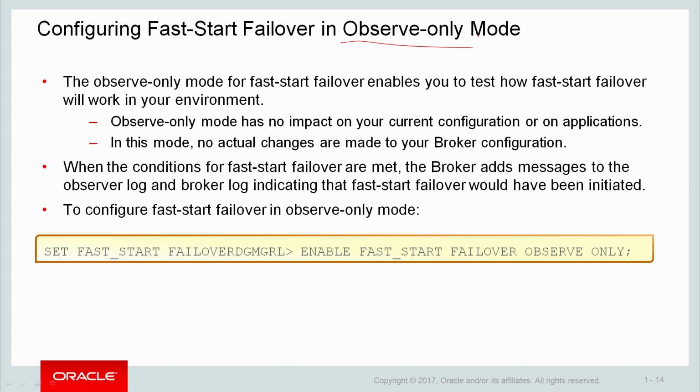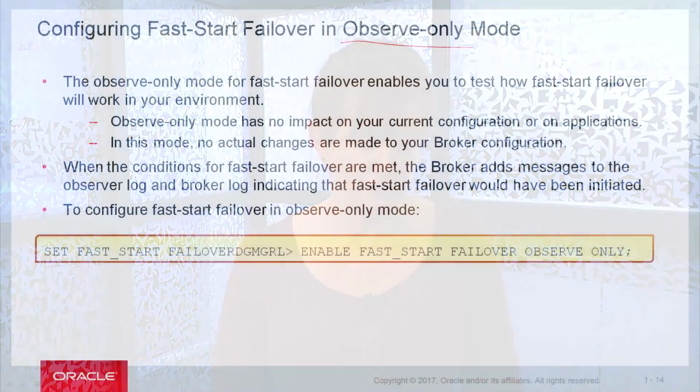So the observe only mode for fast start failover enables you to test how the fast start failover will work in your environment. The observe only mode has no impact on your current configurations or on the applications. In this mode, no actual changes are made to your broker configurations.